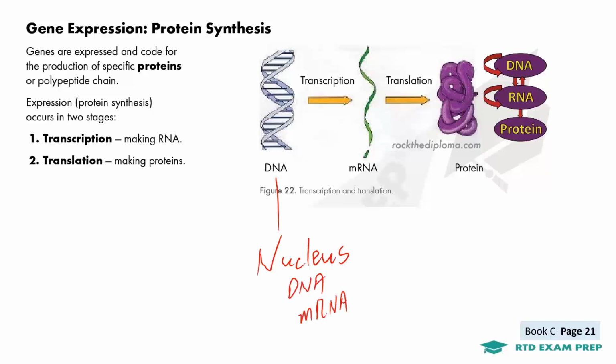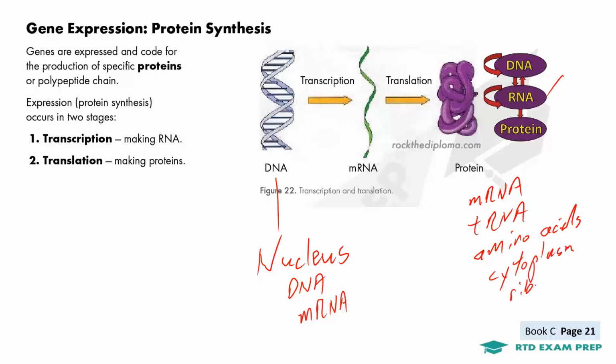Translation, we're going to see, and it says RNA, we're going to need to learn the roles of mRNA, transfer RNA, and amino acids. Noting that this is going to take place in the cytoplasm and the ribosome. So two distinct processes.